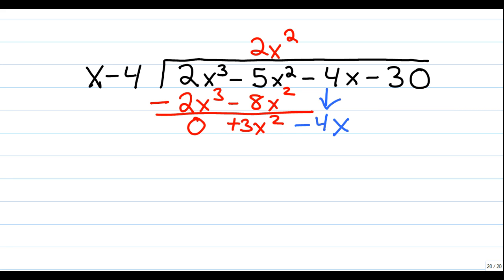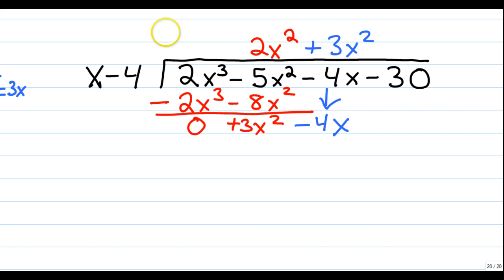So that first term in the dividend down here is 3x to the 2nd. The first term in the divisor here is x. So when I divide 3x to the 2nd by an x, I'm left with a 3x. So this becomes my next term, put it up here above. So I put it over the next term in the sequence, over the 4x.